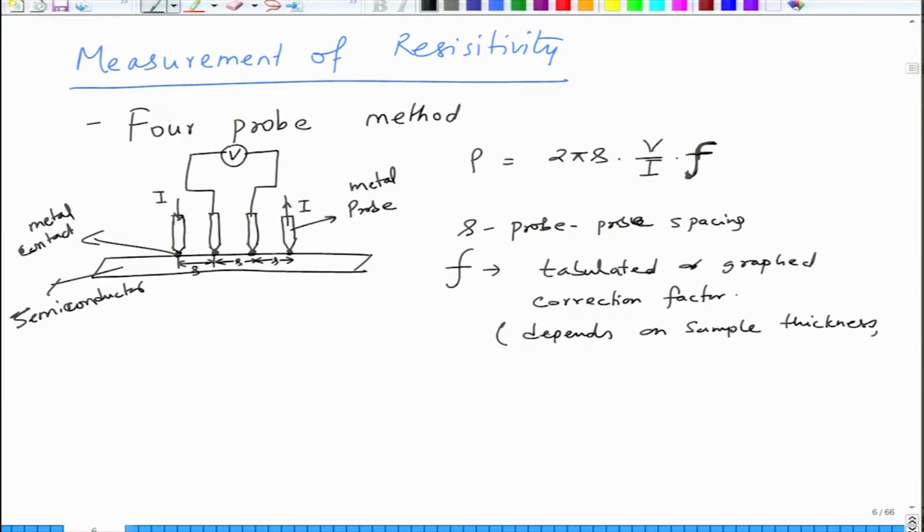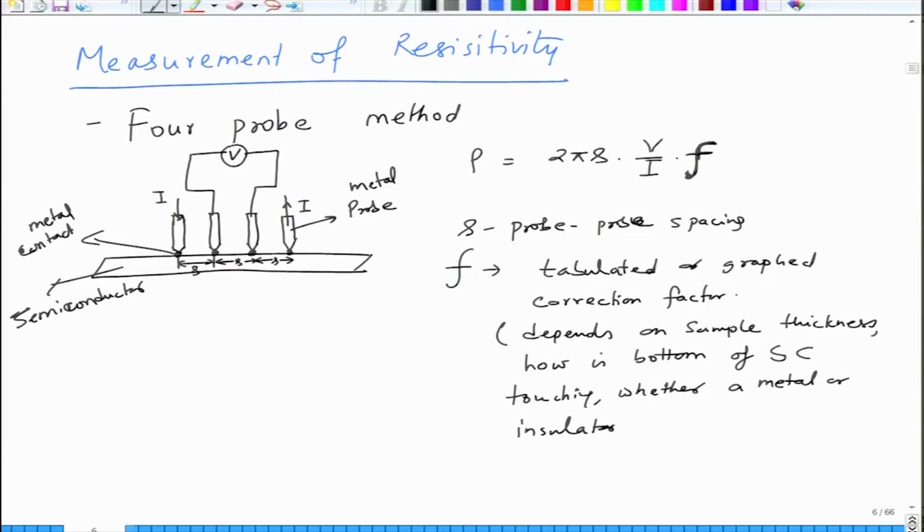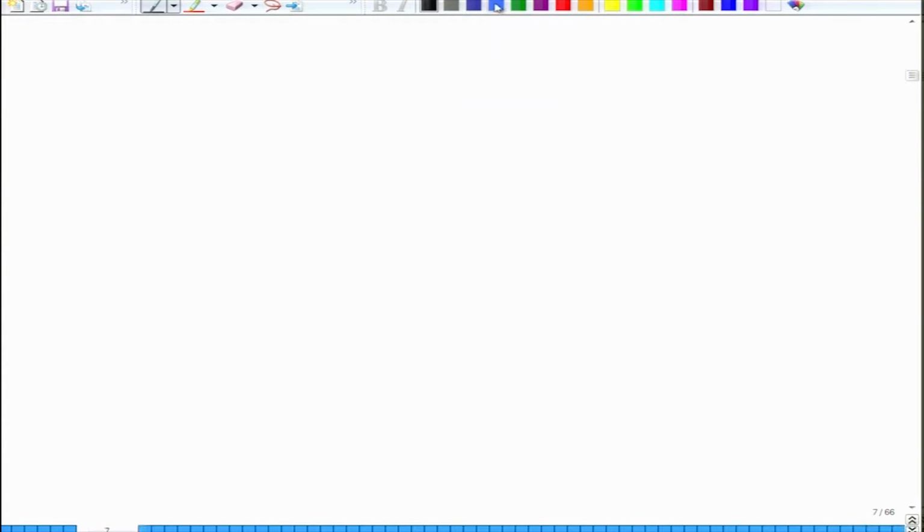So it depends upon how the bottom is, that is, on what surface the semiconductor is kept. So it's an easy method, a very useful method for measuring the 4 probe resistance.